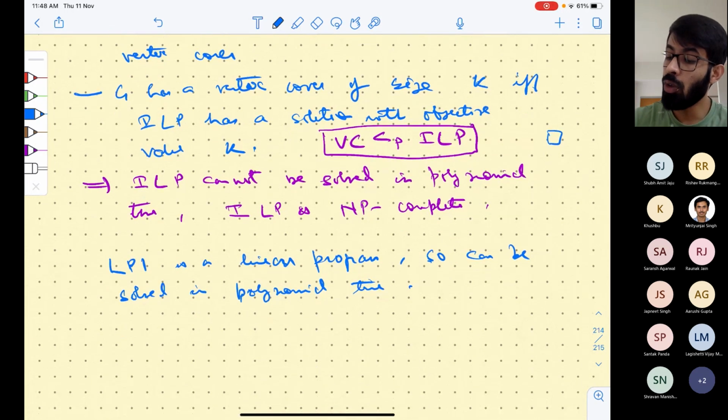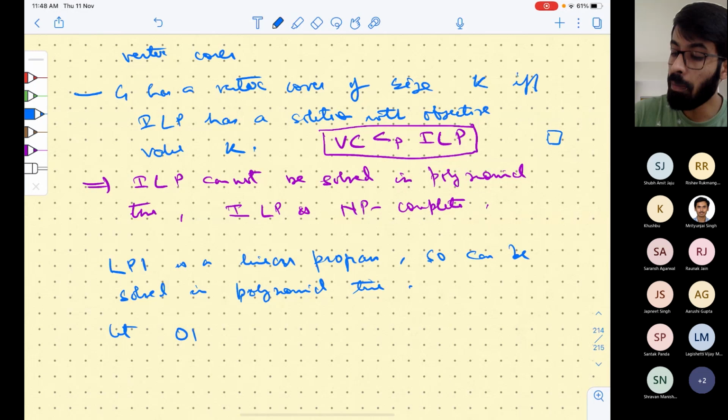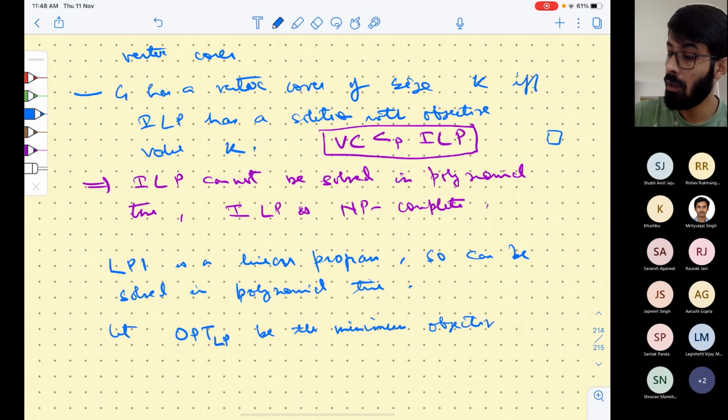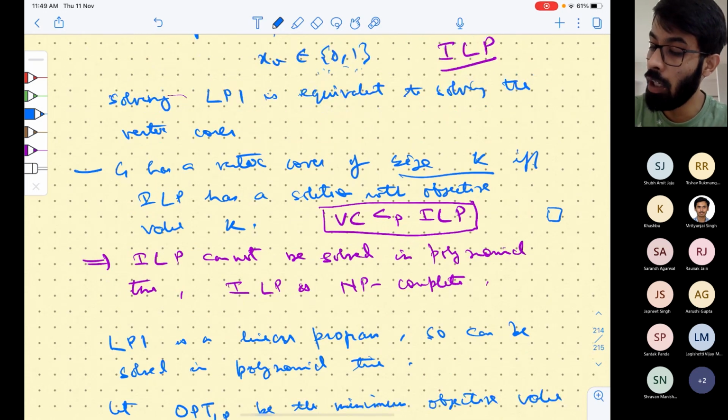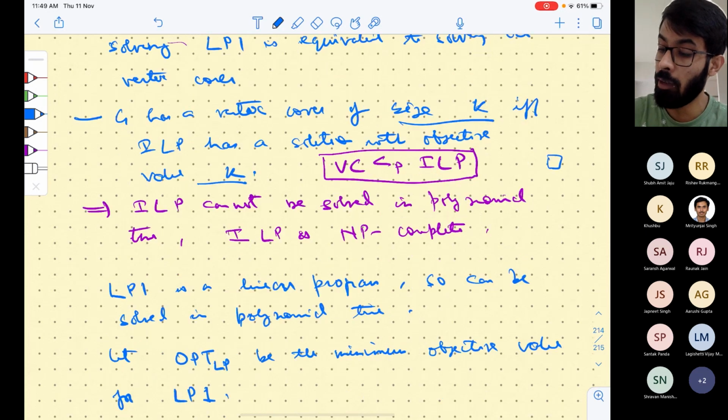Right? And we also know that, let opt LP be the minimum objective value for LP1. What we know is that vertex cover has size k if and only if the ILP has a solution with objective value k.